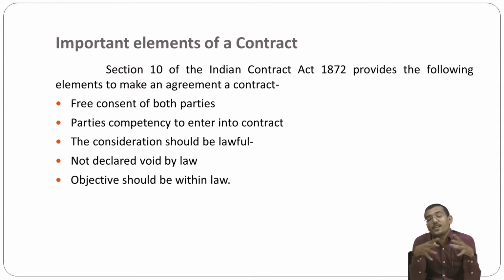Then the consideration should be lawful, not declared void by the law. Then the object should be within the law. So these are, my dear friends, the key elements to make an agreement a contract.